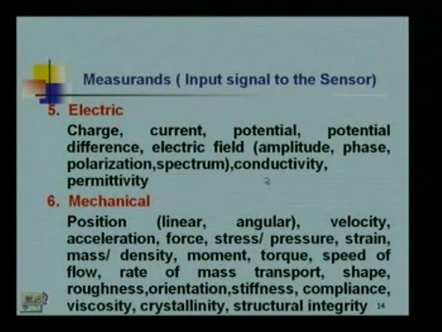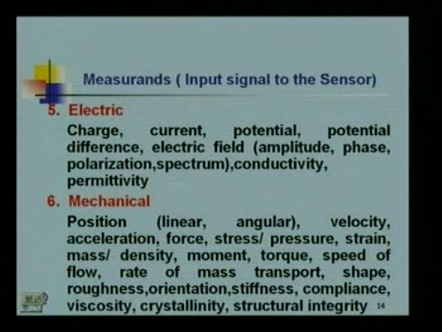Those are the different measurements in an electrical signal. Your sensor can measure or identify the charge, the current, the frequency change of that electrical signal, or the conductivity or permittivity. All belong to the electrical signal, but the measurements are different.